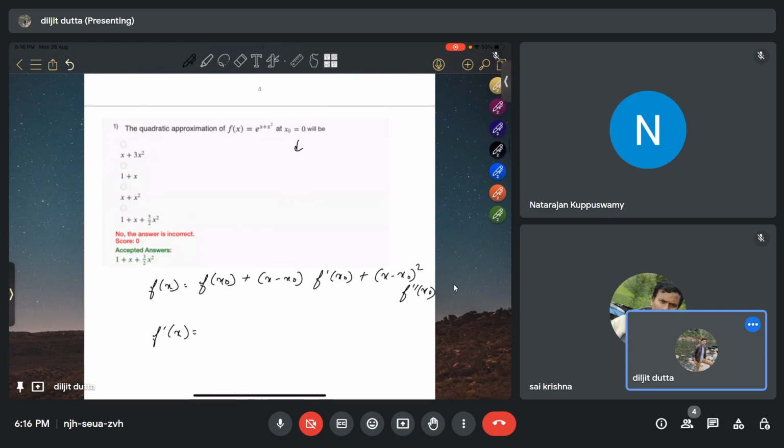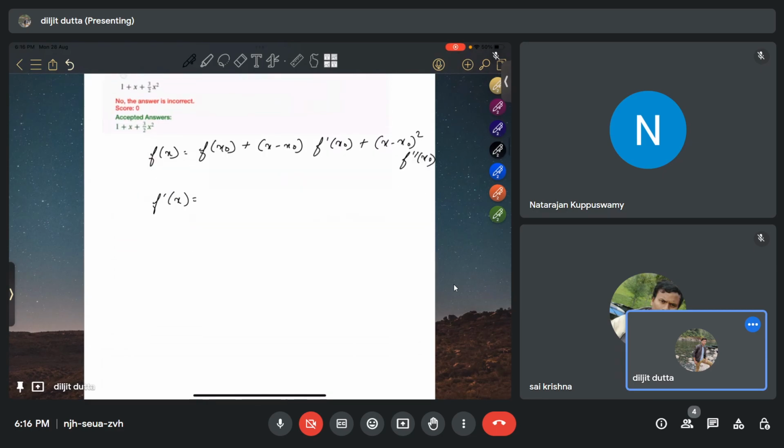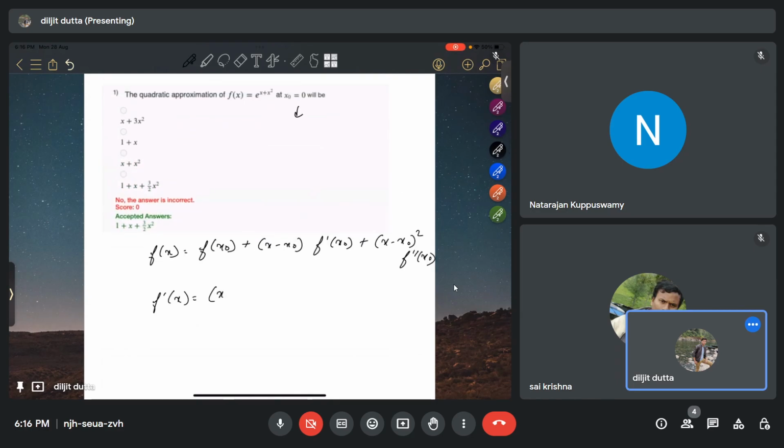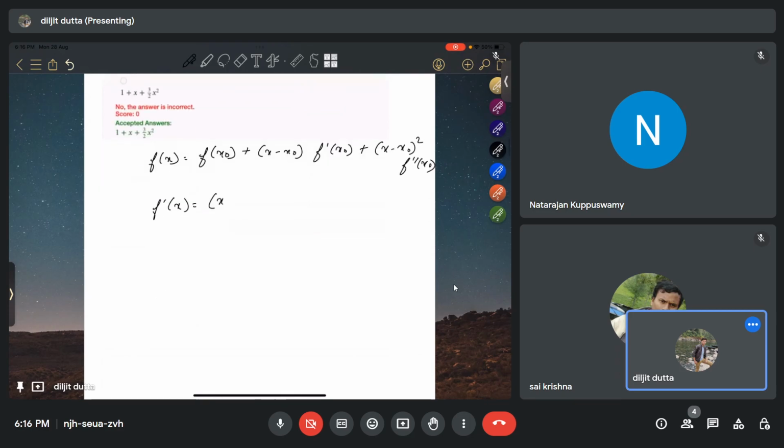F dash x is given as it will be, we are using a chain rule here, so it will be 2x plus 1 into e to the power x square.